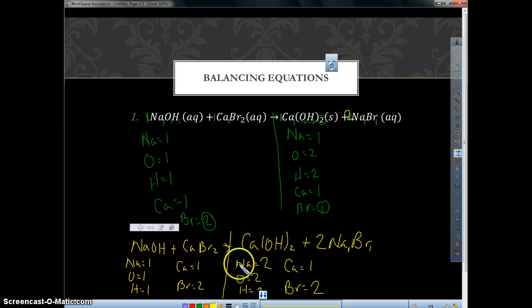Okay, so sodium is my next thing that I want to change. So now I ask myself the same question, but I'm switching sides. I go, all right, well, there's 1 sodium on the reactant side. So what can I multiply by 1 to get 2? Well, the answer in this case is the same. I need to multiply by 2 again for my sodium.